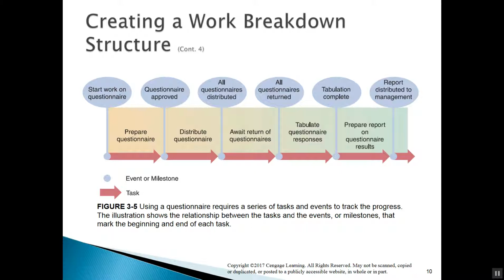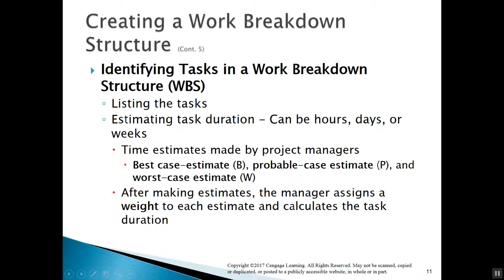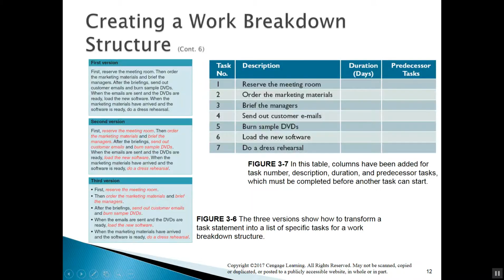We'll come up with other tasks sometimes that we have to add to it. Okay. So we need that list of tasks, the duration for the task. It can be hours, days, or weeks. So we'll identify the task by number, give it a description, come up with a duration.